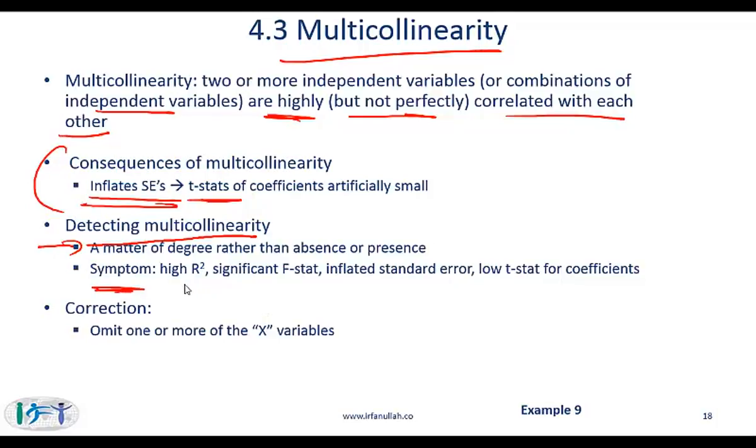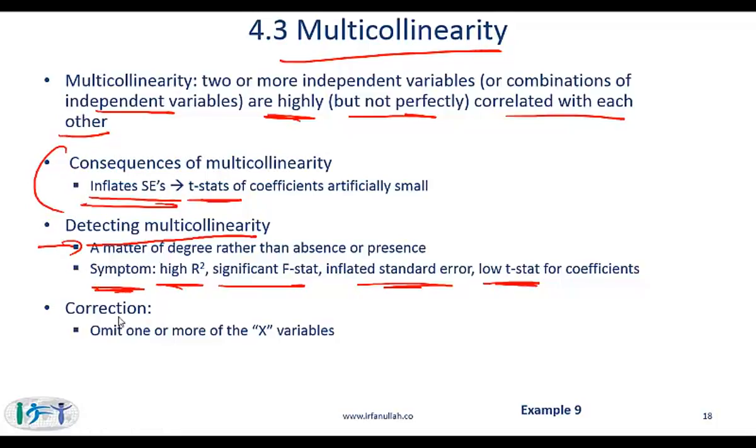What are the symptoms? If you have a high R squared and a very significant F stat, but you have inflated standard errors and low t stats for coefficients, right? So a high F stat, but the regression coefficients have a low t stat, that is one of the symptoms, and you need to go deeper. Fortunately for us, the curriculum explicitly mentions that you don't need to go too deep into this.